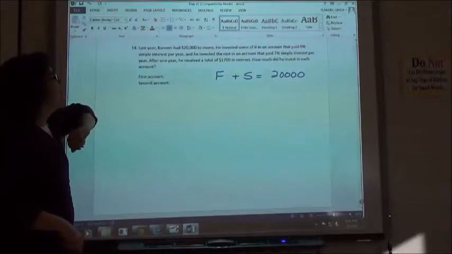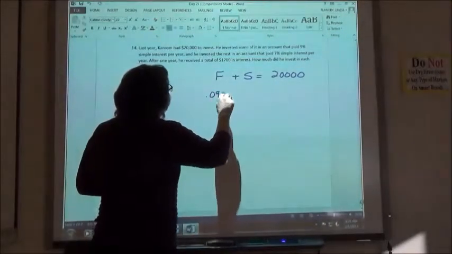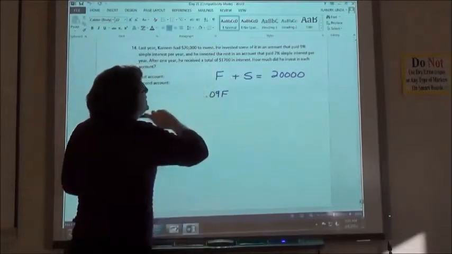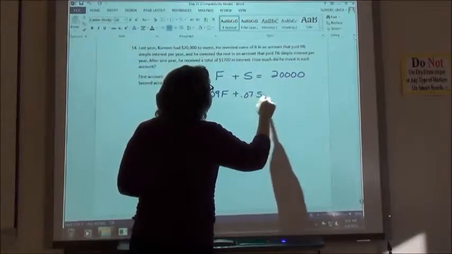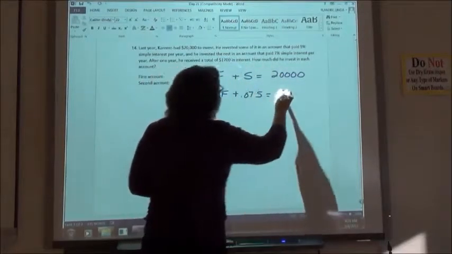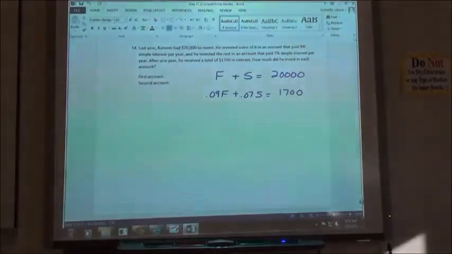He invested some of it in an account that pays 9%, so 0.09 on the first. The rest in an account that paid 7%, so 0.07 in the second. And he had a total of $1,700 for interest that he received for the year.